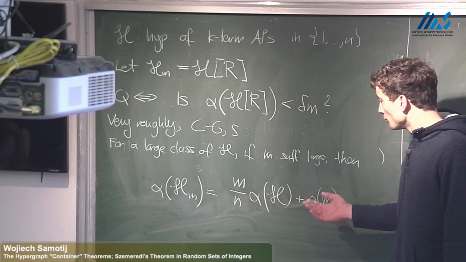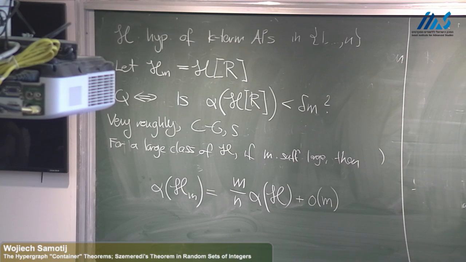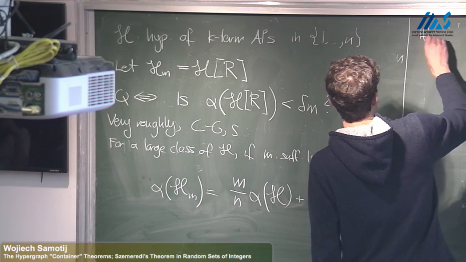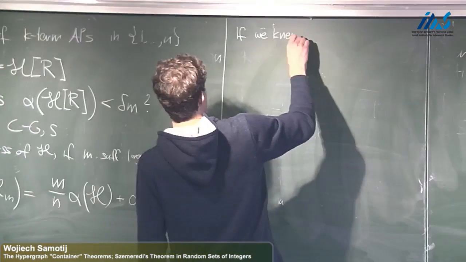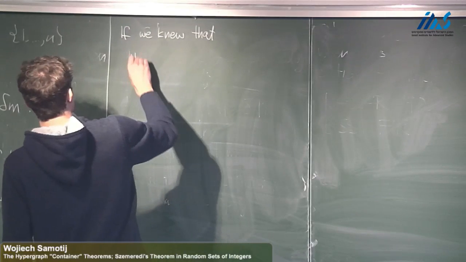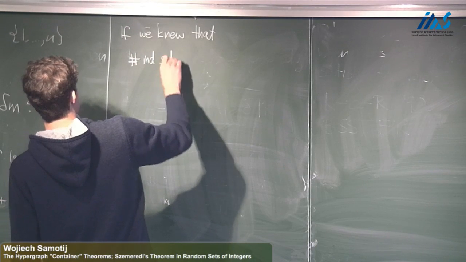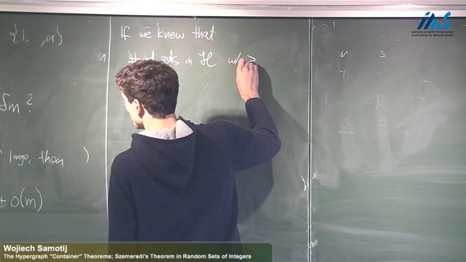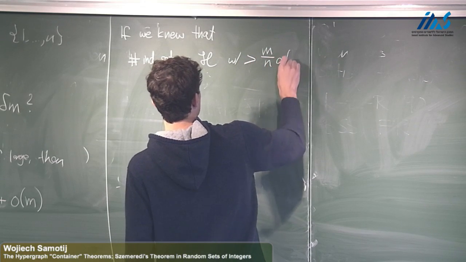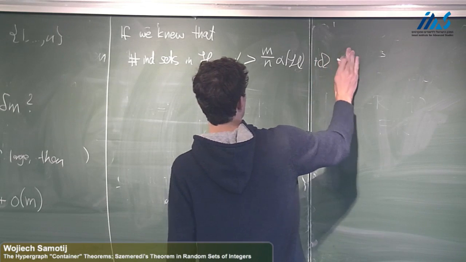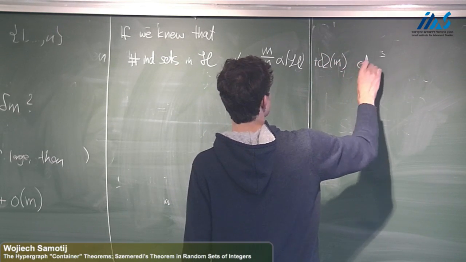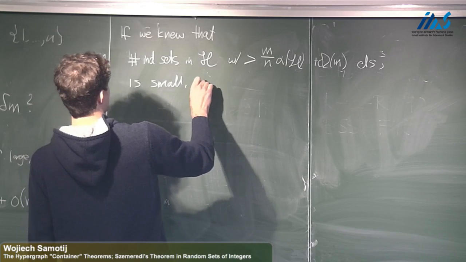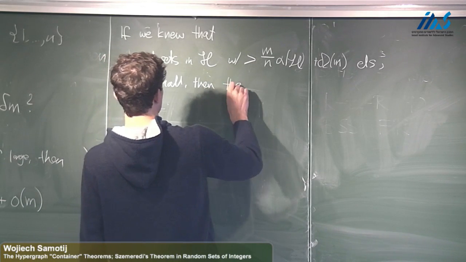So if we knew that there aren't too many such sets, then we could conclude this by using a simple union bound. So if we knew that the number of independent sets in H with more than (m/n) alpha of H plus omega of m elements is small, then the union bound works.